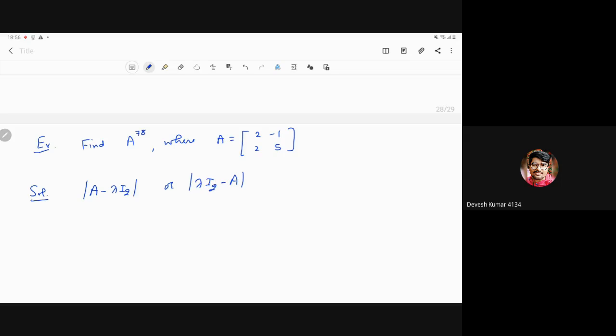Can you solve the determinant of lambda I2 minus A for this given A? It should be lambda square minus 7 lambda plus 12. Is it?